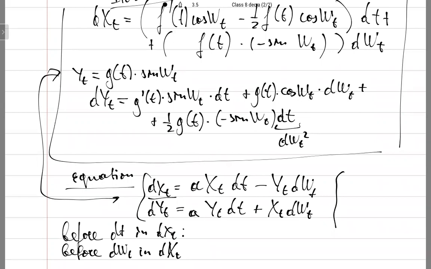So what is before dt in dx? It's f prime cosine W minus 1 over 2 f cosine W, and that should be equal to a x_t.